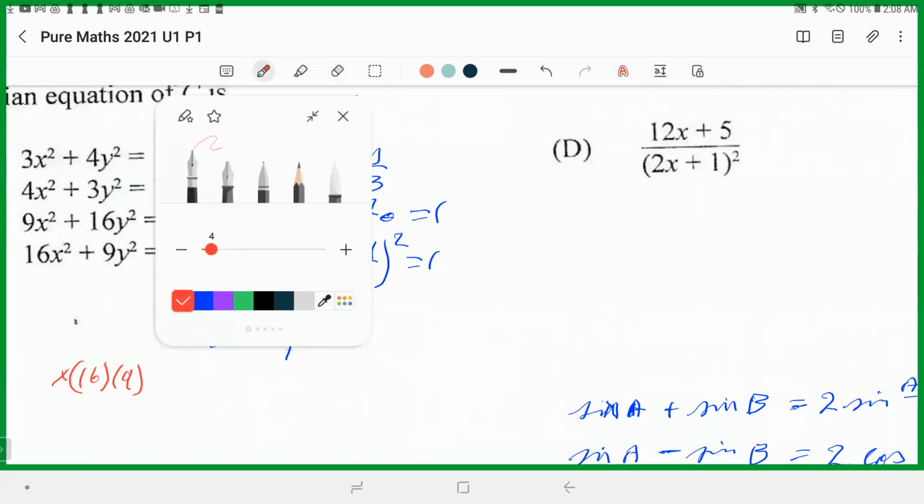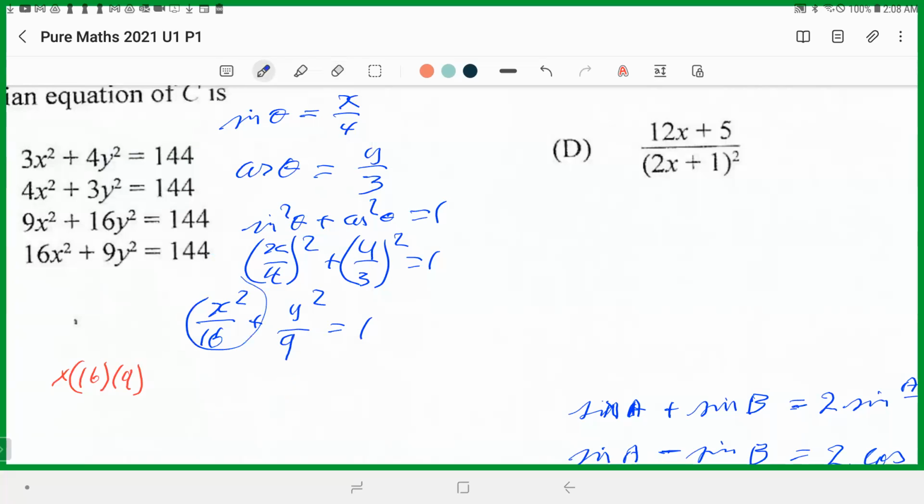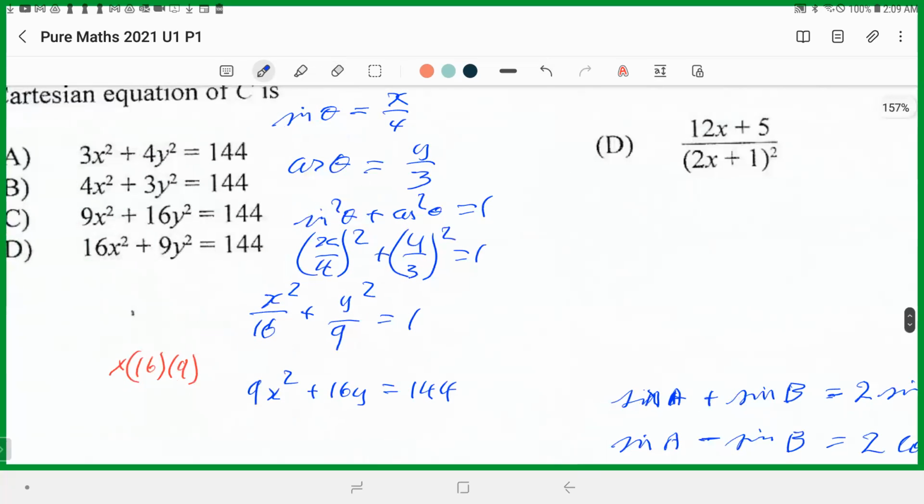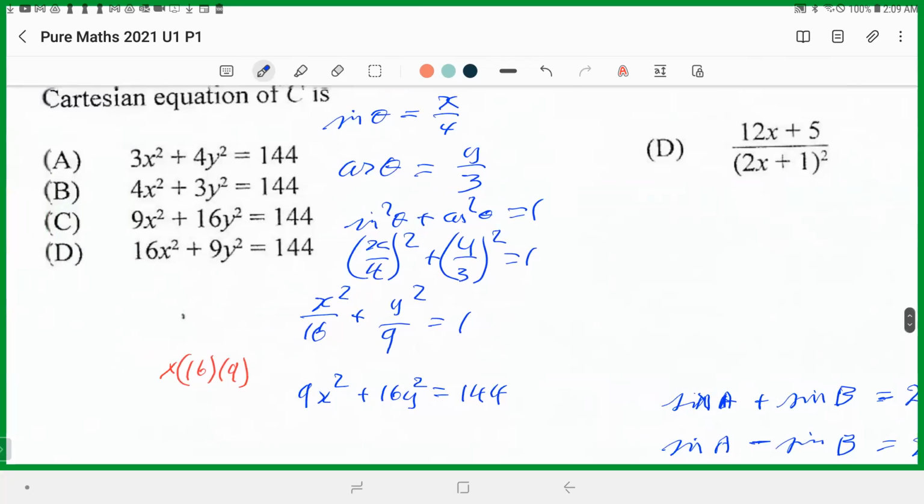So we multiply by 16 times 9. This becomes 9x squared, as the 16 cancels, and this becomes 16y squared, as the 9 cancels. And the right side becomes 16 times 9. So the answer is 9x squared plus 16y squared equals 144. The answer is C.